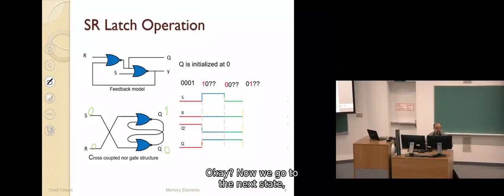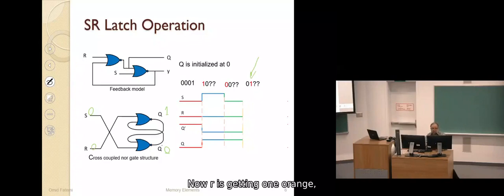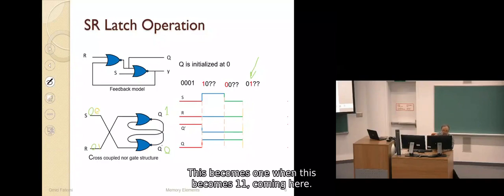Okay? Now we go to the next state, and we change R to 1. So R is getting 1. S is still 0. So this becomes 1. When this becomes 1, 1 comes here, and from the Q prime we have 0 here.